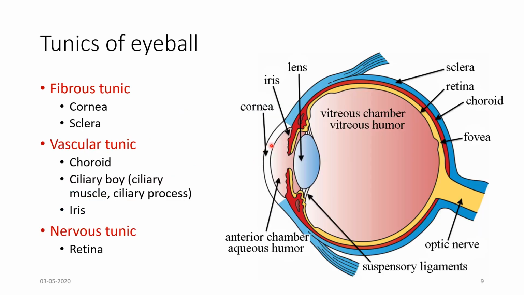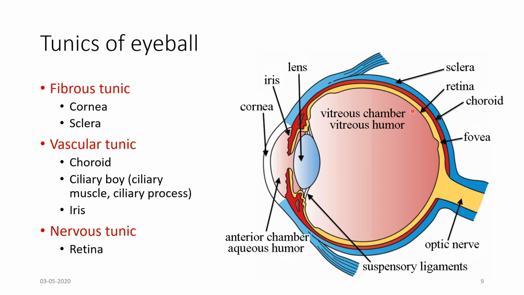So in this picture you can see the fibrous tunic with the sclera posteriorly and the cornea anteriorly. The vascular tunic, the intermediate layer, with the choroid and its continuation, the ciliary body and iris. The ciliary body consists of the ciliary muscle and ciliary processes.